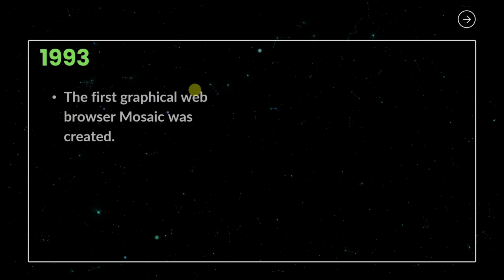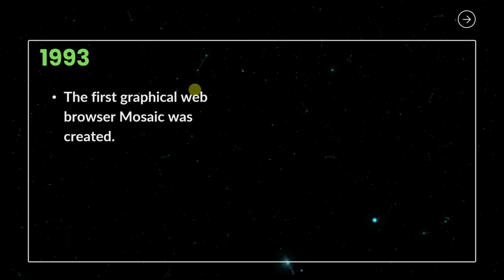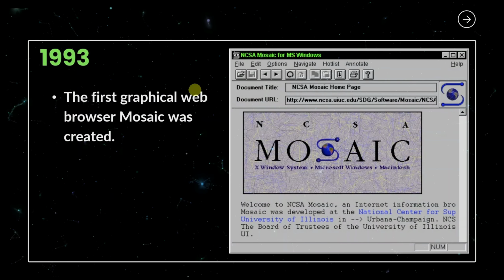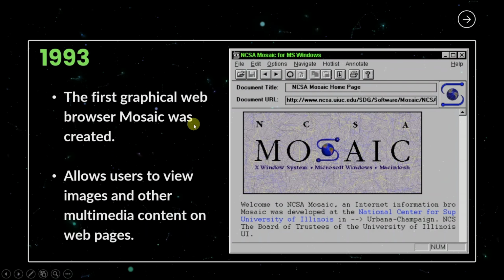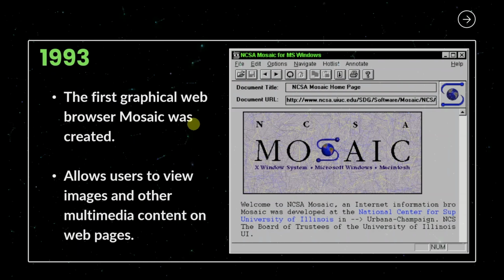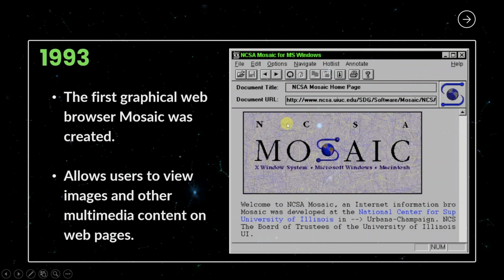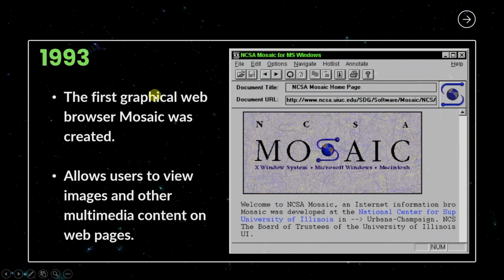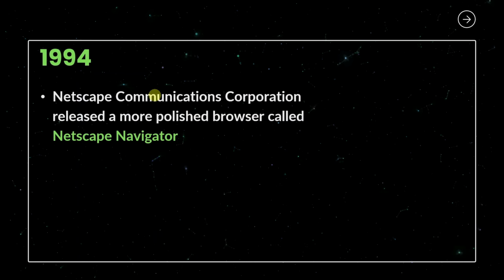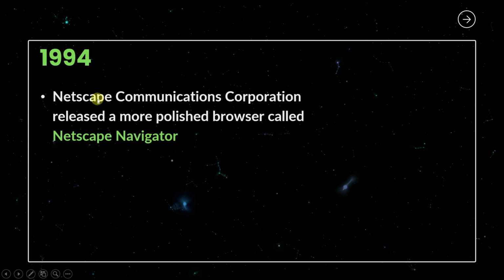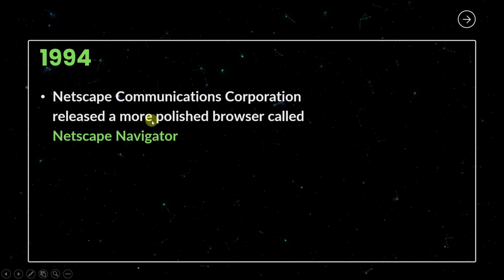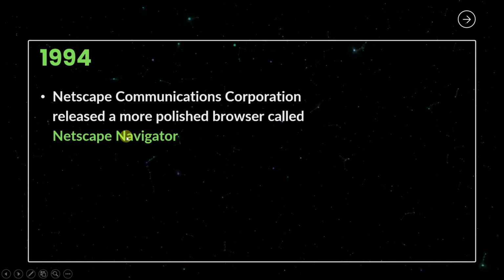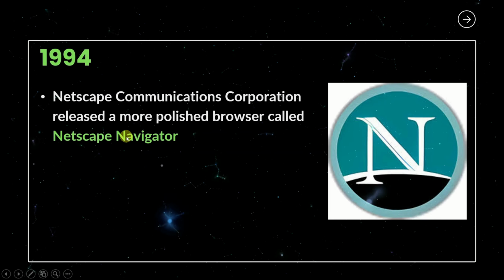In the year 1993, the first graphical web browser, Mosaic, was created, and this allowed users to view images and other multimedia content on web pages. In the year 1994, the lead developers of Mosaic founded a company called Netscape Communications Corporation, and they released a more polished browser called Netscape Navigator.